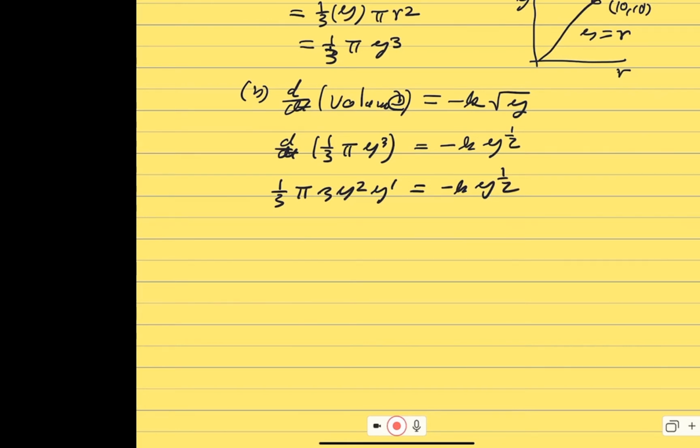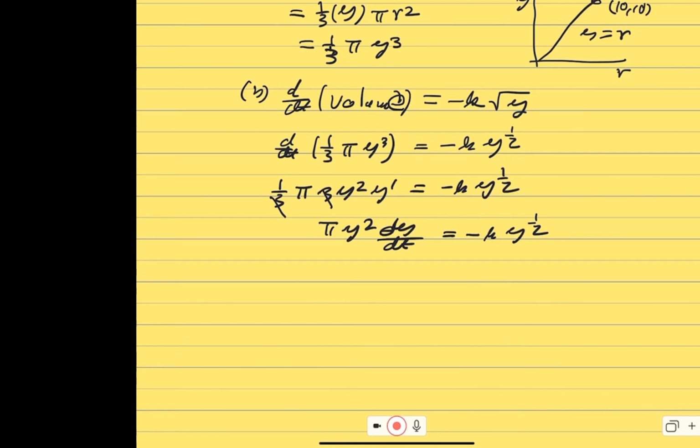So this now is, let's see, the 3's cancel, that's nice. So I get pi y squared dy/dt is minus k y to the 1/2.